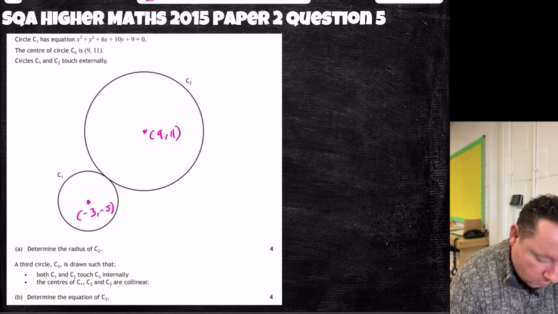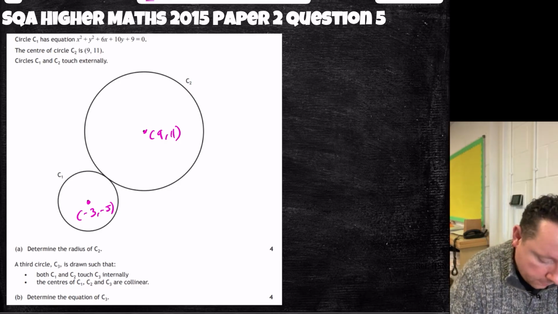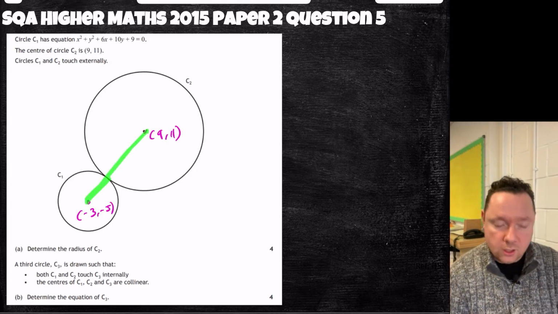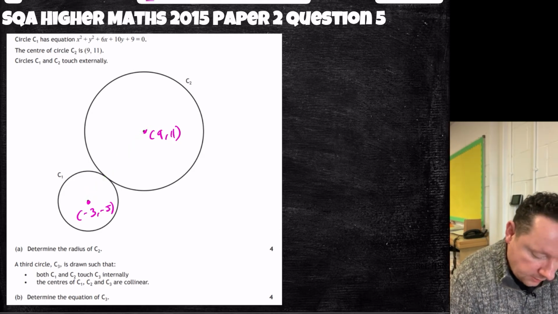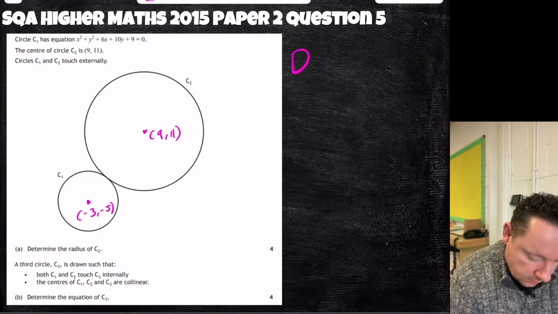What else do we know? Well, we also know the radius of C1. So if we knew the radius of C1 and maybe this whole distance, we could find the radius of C2. So let's do the whole distance first. So the distance between, let's call it C1 and C2.